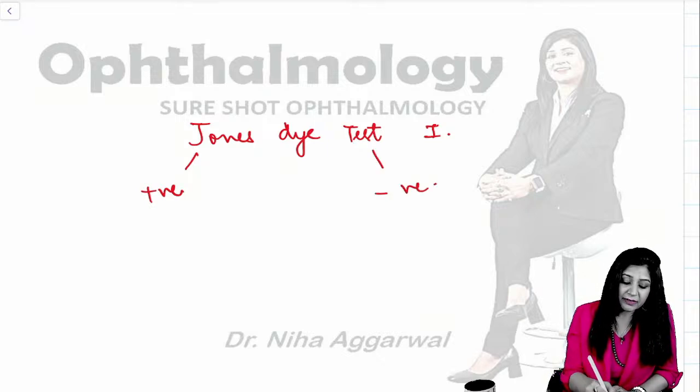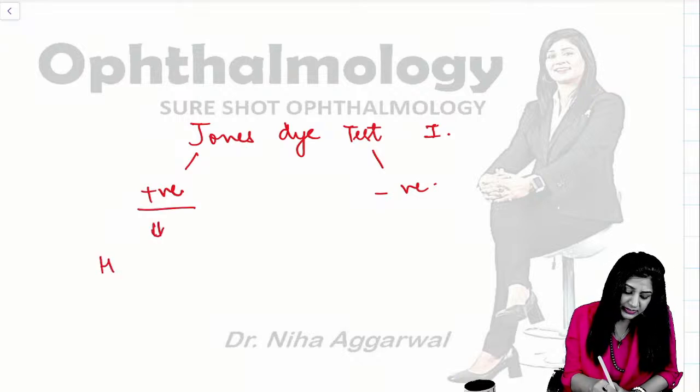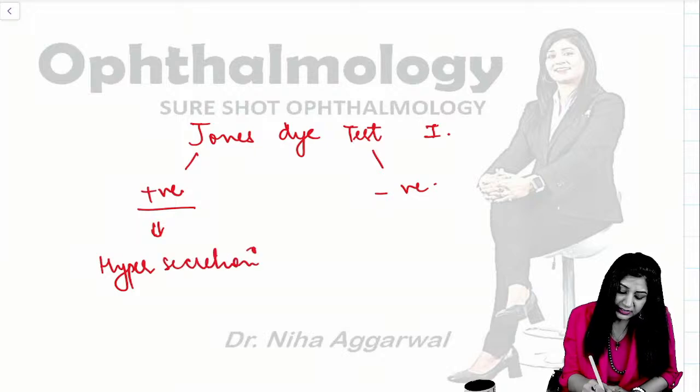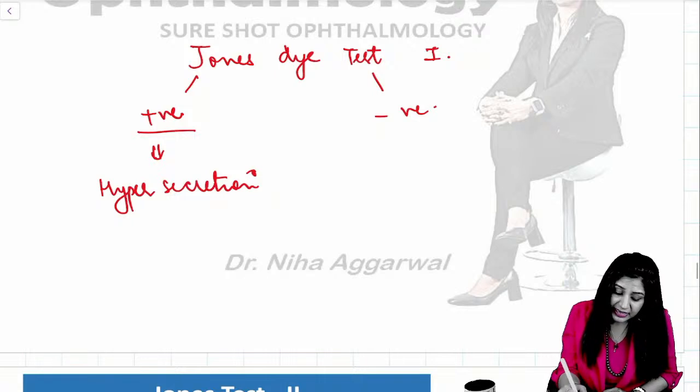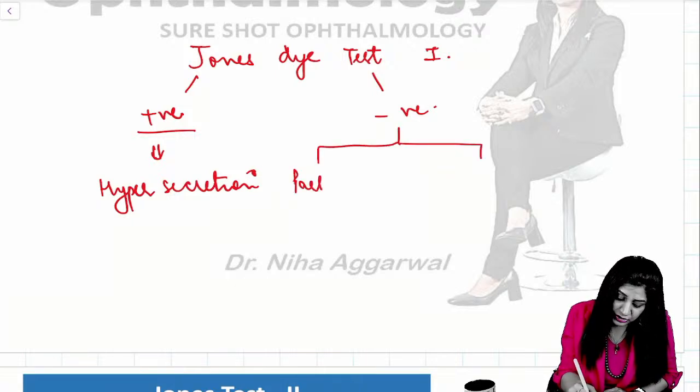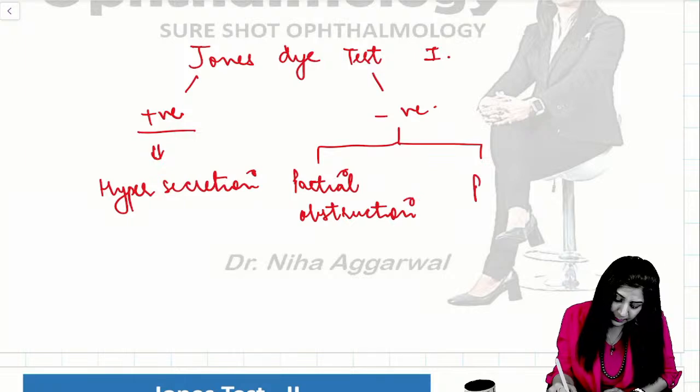If I am having the positive, that means there is actually hypersecretion, more secretion is there. And if it is negative, it is not coming, then that means it can be two things. Either we can have partial obstruction, or it can be pump failure.